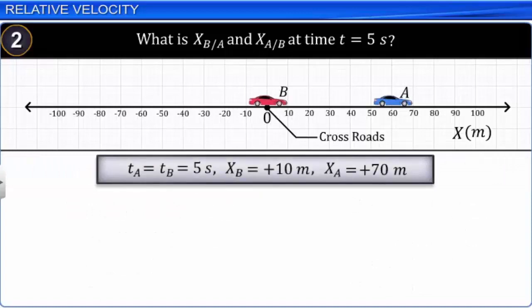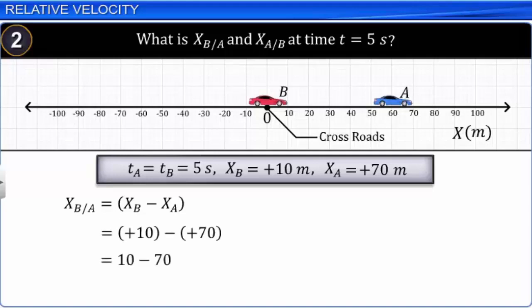On substituting values and simplifying, we get XB by A equal to minus 60 meter. And calculating for XA by B, which is equal to XA minus XB. On substituting values and simplifying, we get XA by B equal to plus 60 meter.